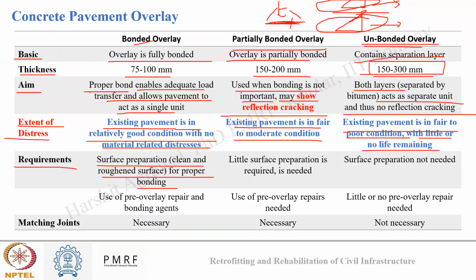For providing adequate surface, we use pre-overlay repair and bonding agents, while here pre-overlay repair and bonding agent may not be needed. Matching the joints is necessary in both bonded overlay and partially bonded overlay, so that load transfer can occur adequately. However, in unbonded overlay, matching the joints, the transverse and the longitudinal joints are not that necessary.